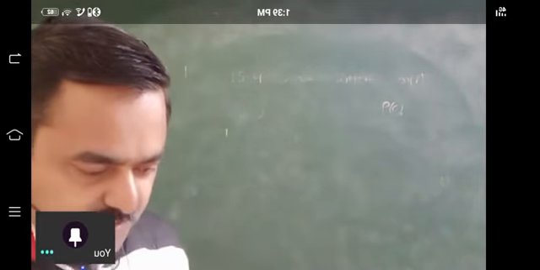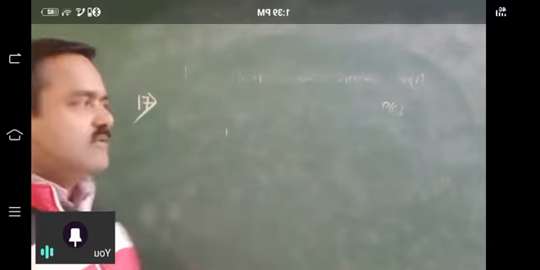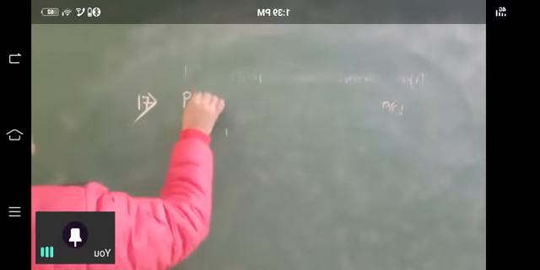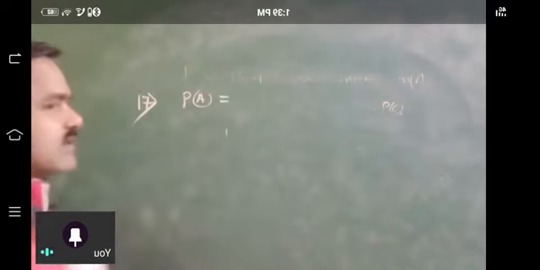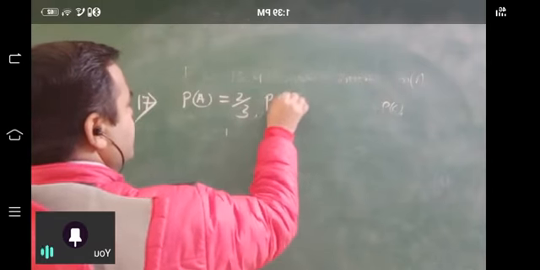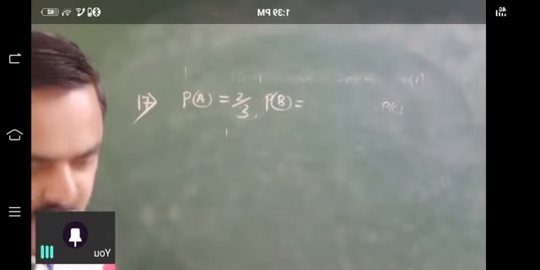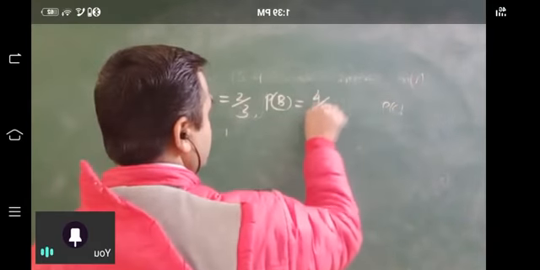It says the probability that a contractor will get a plumbing contract is 2 by 3 and an electric contract is 1 by 4. Here there are the probabilities of two events. So suppose the probability of first event A, which is being awarded the contract for the plumbing, is 2 by 3, and the probability of B, which is being awarded the contract for the electric, is 4 by 9.